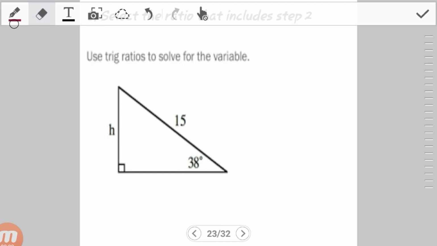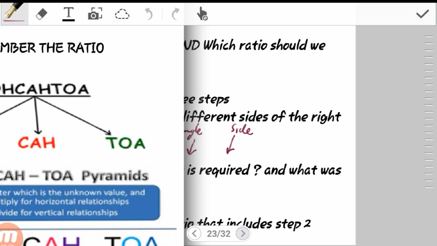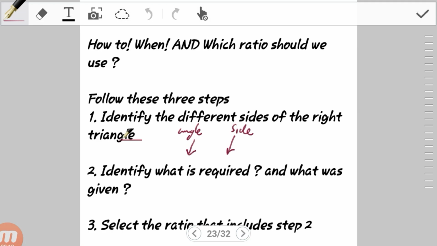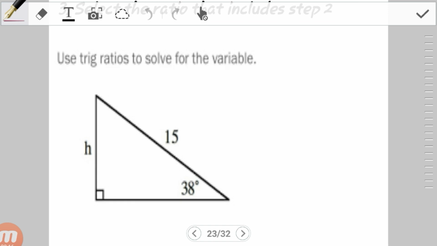So now let's apply the steps. The first thing, as I mentioned to you before, let's skip back to that here, is that we need to actually identify the different sides of the triangle. So we identify the sides. We know right away that the 90 degree angle tells me where the hypotenuse is. The 38 degrees, which is the reference angle, directs me towards the what? Opposite side.